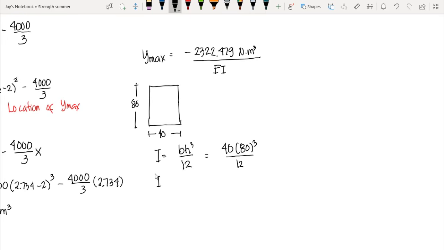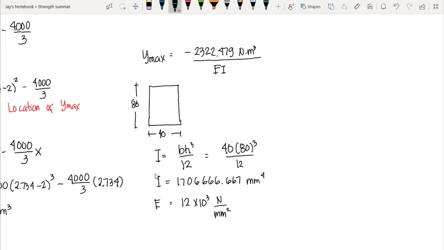Then we have our I here, which is equal to 170,666.667. The unit is in millimeter to the fourth. And our E here was also given. We have 12 gigapascal, or 12 times 10 raised to the 3 Newton per square millimeter.